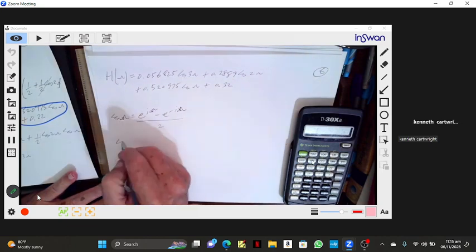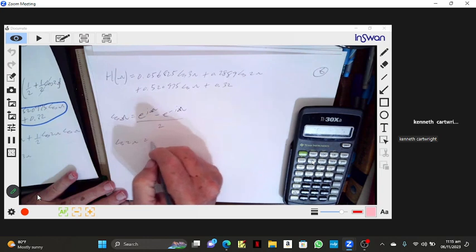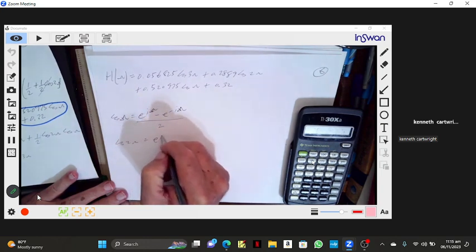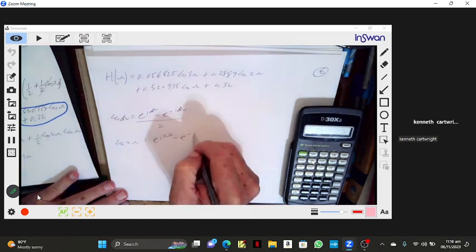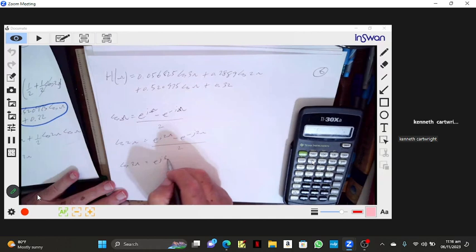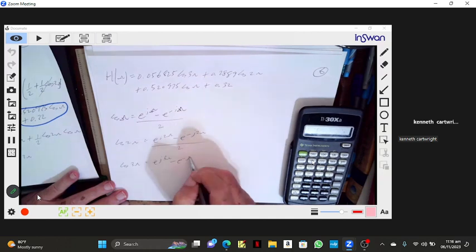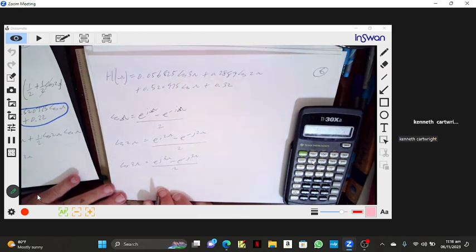So that means cosine 2 omega is e to the j 2 omega plus e to the minus j 2 omega over 2. That means cosine 3 omega is e to the j 3 omega plus e to the minus j 3 omega over 2. You want to show us this in 320, right? Yes, I did.